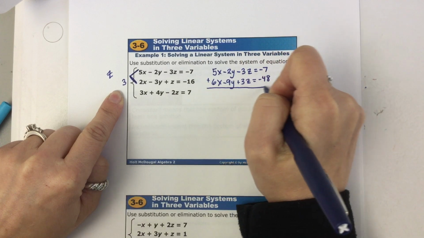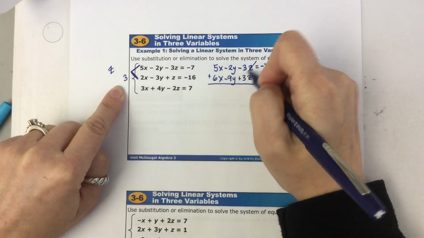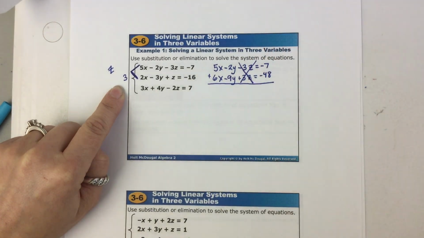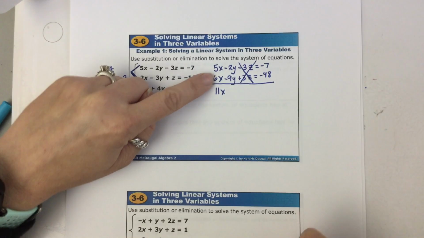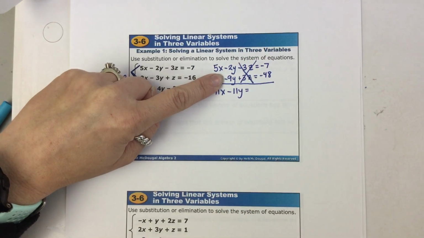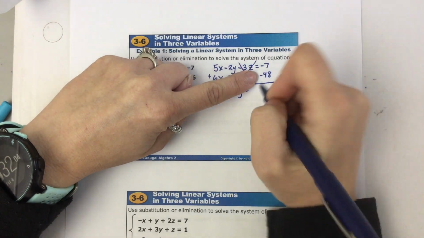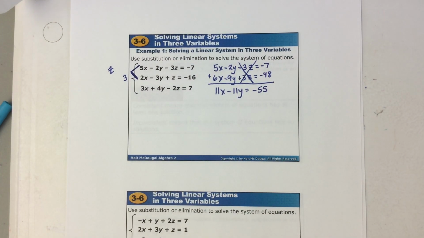Now you add those together and you want to make sure that you can eliminate a variable. We are eliminating z. 5x plus 6x is 11x. -2y and -9y is -11y. -7 and -48 is -55. Okay, that's step 1. Pick 2 equations, cancel a variable.